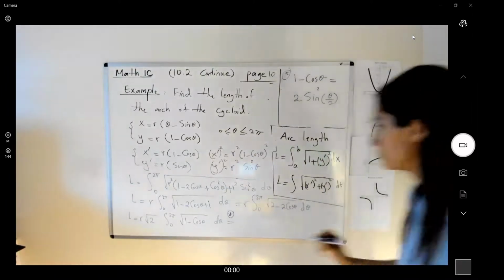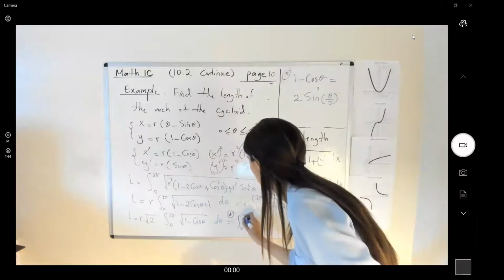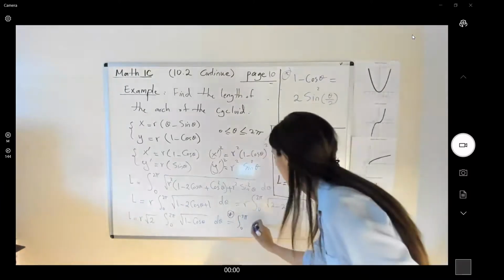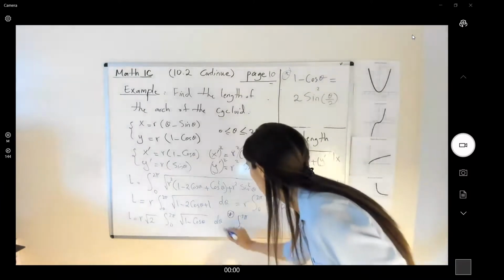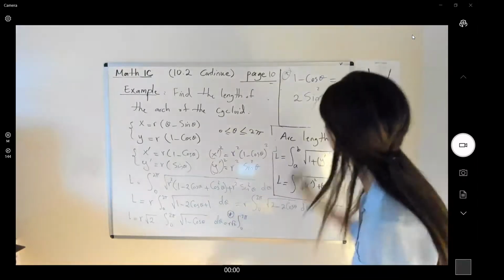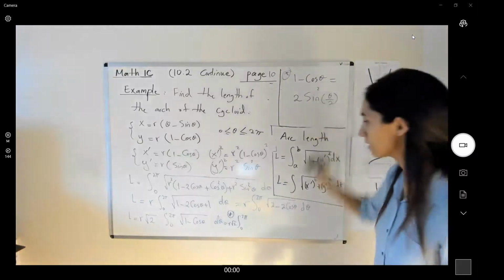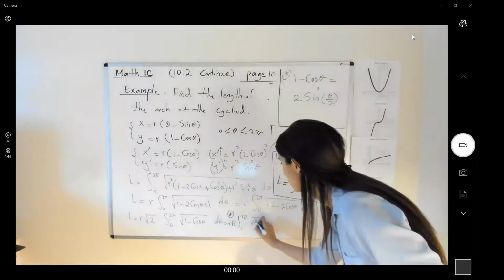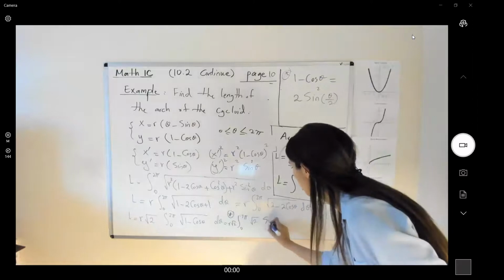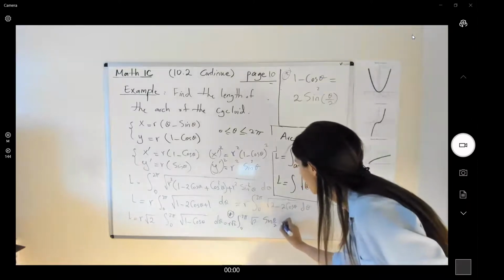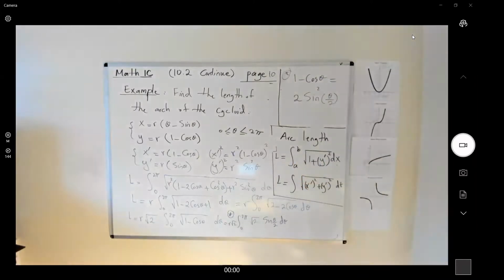This is equal to the integral from 0 to 2 pi of r, square root of 2 outside, and inside the radical you get square root of 2 and sine of theta over 2 d theta.